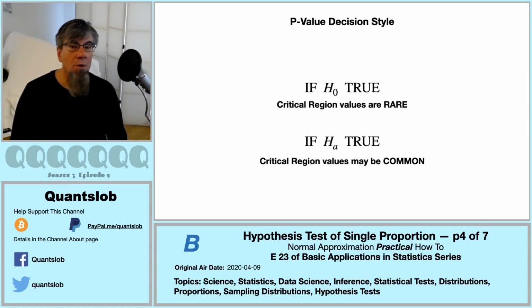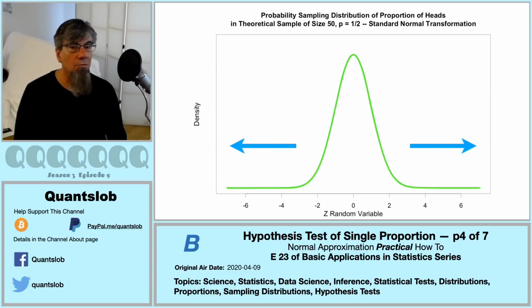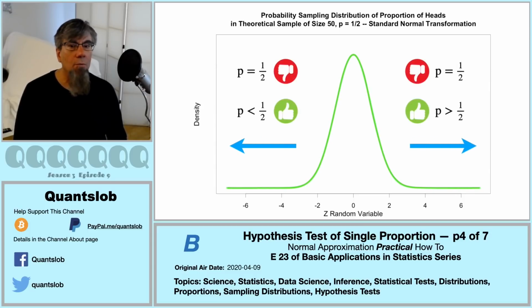And of essential importance here, the driving motivation behind making a decision between the null and alternative hypotheses is built around the basic idea that values that are far away from the center of the sampling distribution of our test statistic, our standard normal distribution, not only constitute evidence against the null hypothesis, but potentially offer evidence in favor of the alternative hypothesis. Our critical region or rejection region is a space that contains values that are rare if the null is true, and also contain values that may be common if in fact the alternative hypothesis is true.